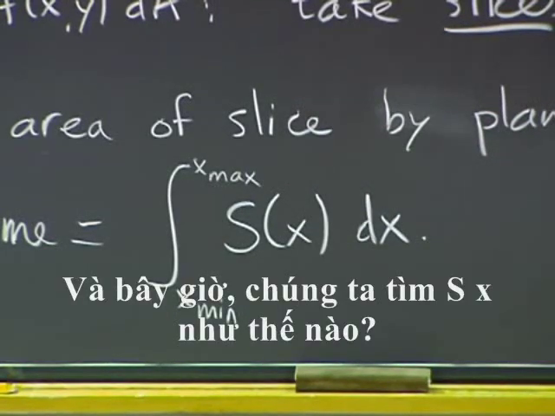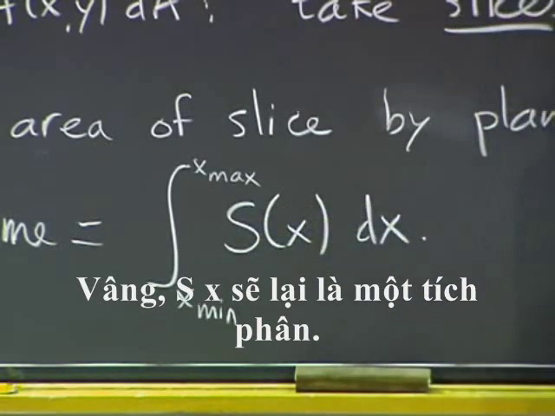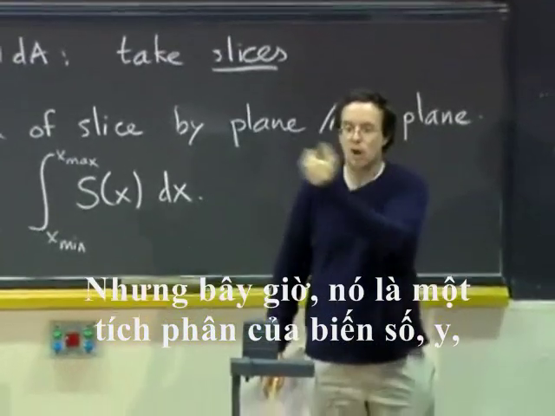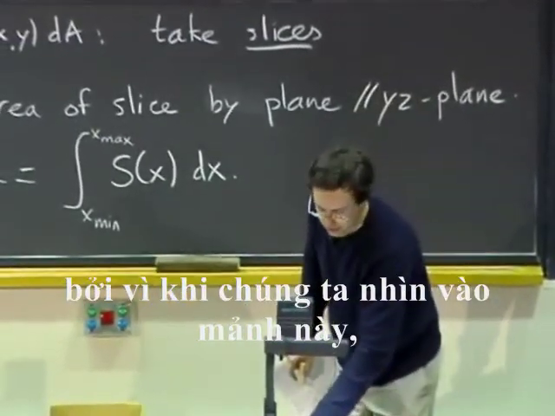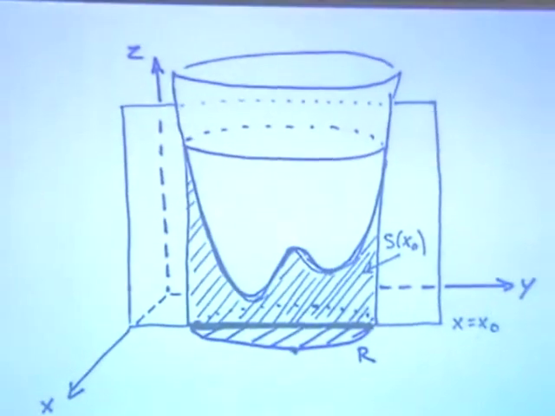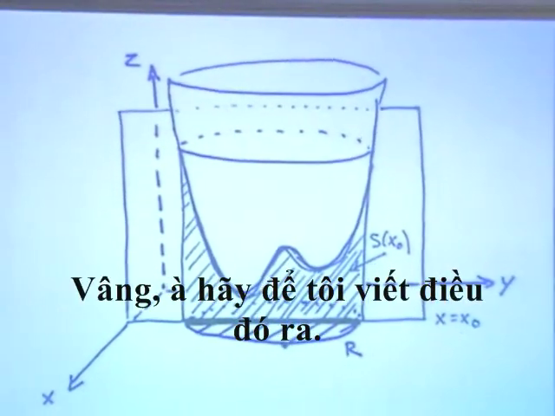And now, how do we find S of x? Well, S of x will be, again, an integral. But now it's an integral over the variable y, because when we look at this slice, what changes from left to right is y. Let me write that down.